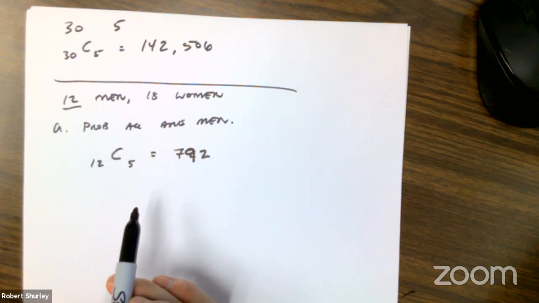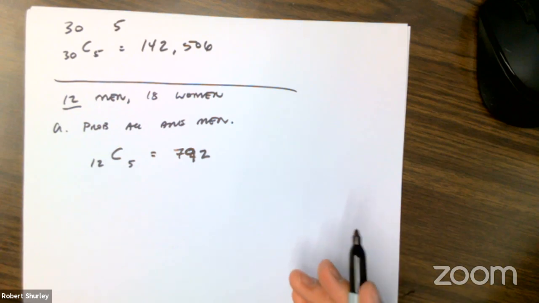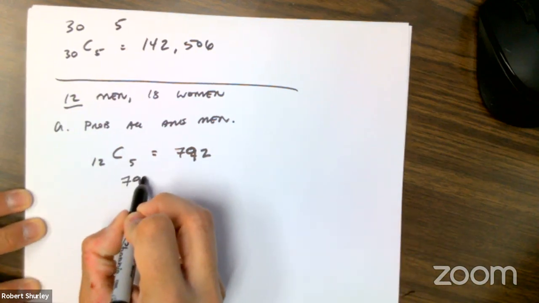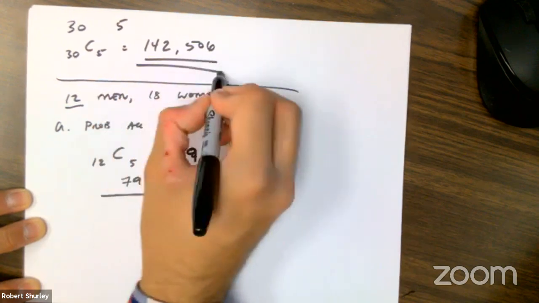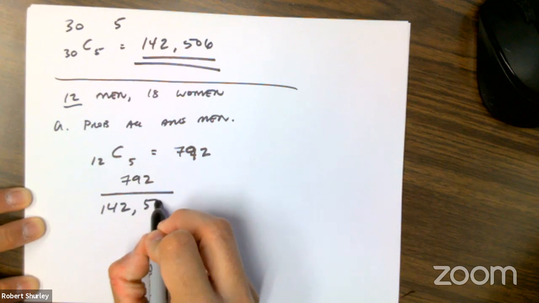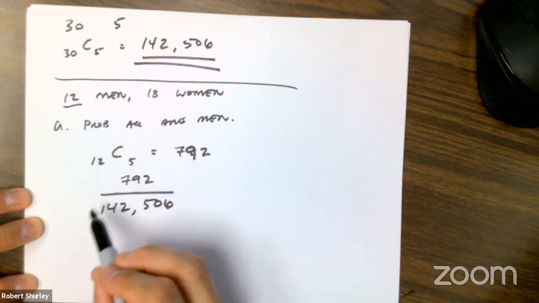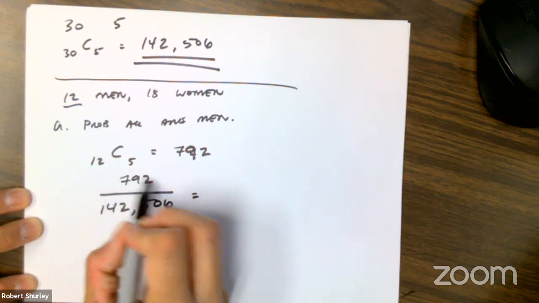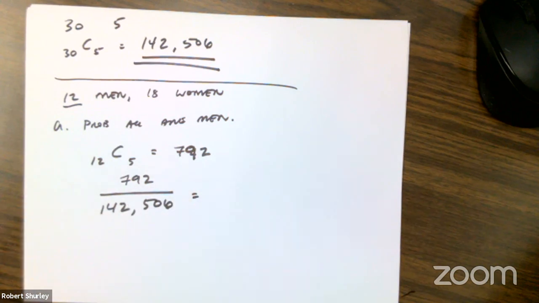And then if we wanted the probability of all male, you just have to take 792 and divide it by the total number of 5-person groups, right? These are all the groups mixed together, and there's 792 that can be only male.